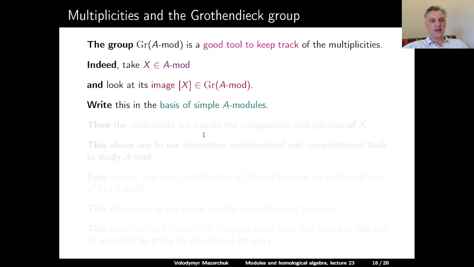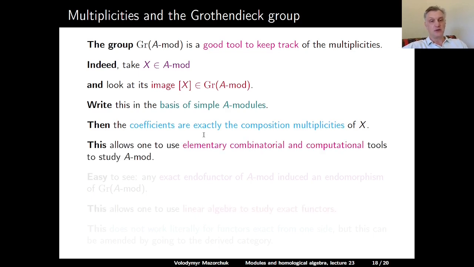So we can write this element in the distinguished basis of simple modules, and the coefficients are exactly the composition multiplicities of X. The composition multiplicities for each simple module in the A module X. And this allows one to use elementary combinatorics and computations to study A modules.